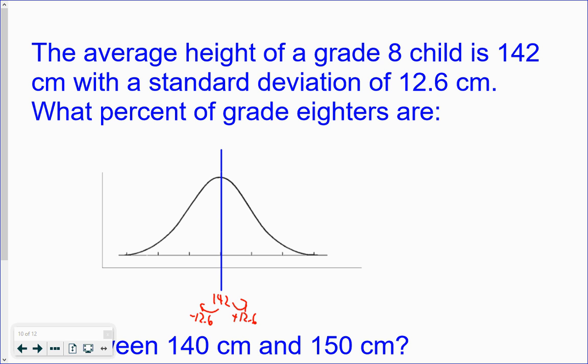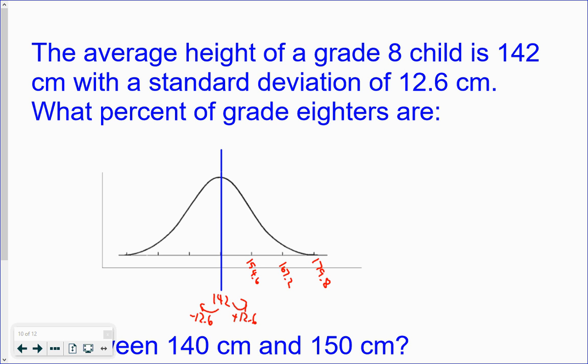So I'm going to go 142 plus 12.6. So I get out 154.6. And I'm going to add 12.6 again. And I get out 167.2. And then one more time, and I get out 179.8.